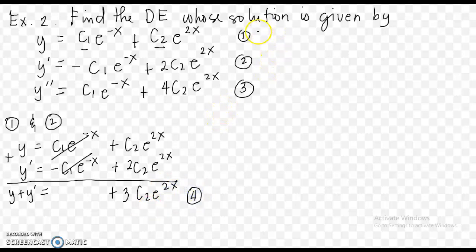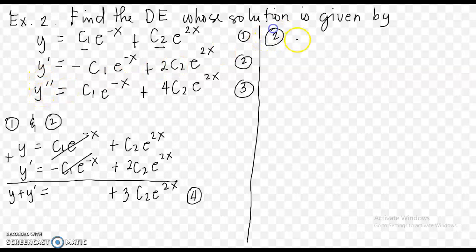Okay, then we can combine the second equation and the third equation.